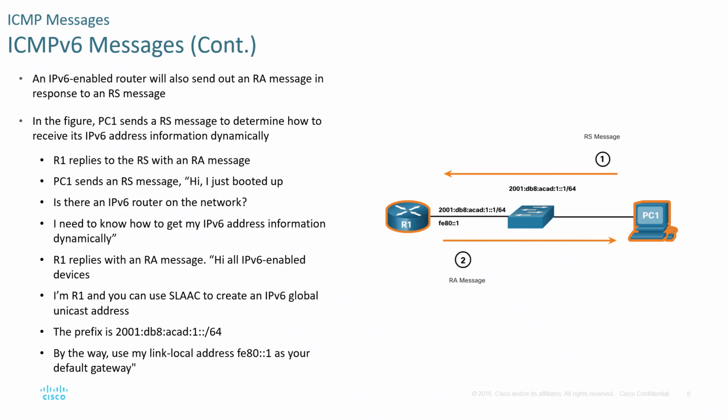And you can use SLAAC to create an IPv6 global unicast address. The prefix is 2001:DB8:ACAD:1::/64. And oh, by the way, use my link local address of FE80::1 as your gateway.